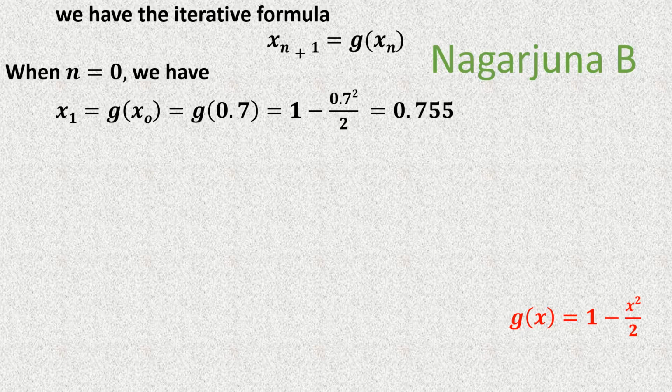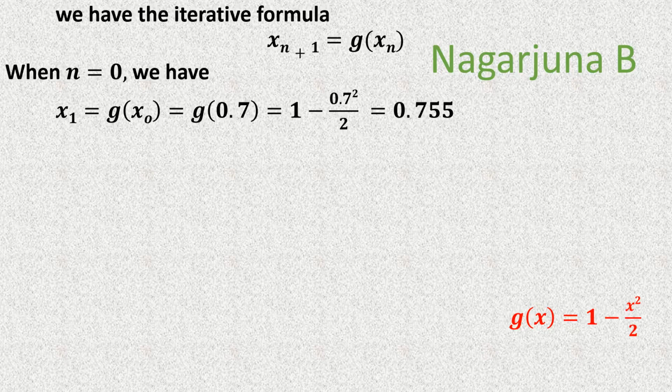So n equal to 0, 0 plus 1 will be 1. Therefore x1 is equal to g of x0, that is g of 0.7, because we have considered the x0 value, that is the initial guess, as 0.7.